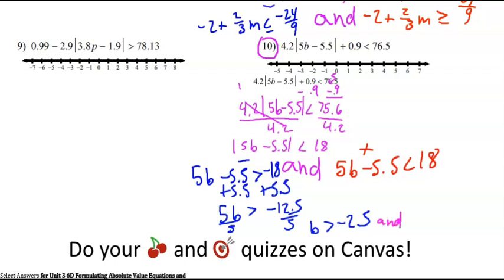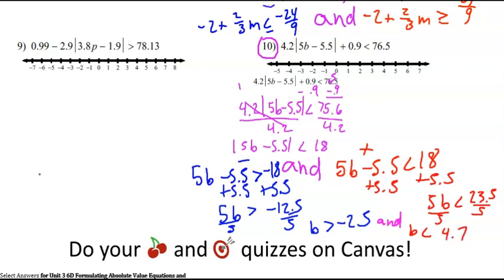and add 5.5. The 5b is less than 23.5. Divide by 5. And then you have b is less than 4.7.